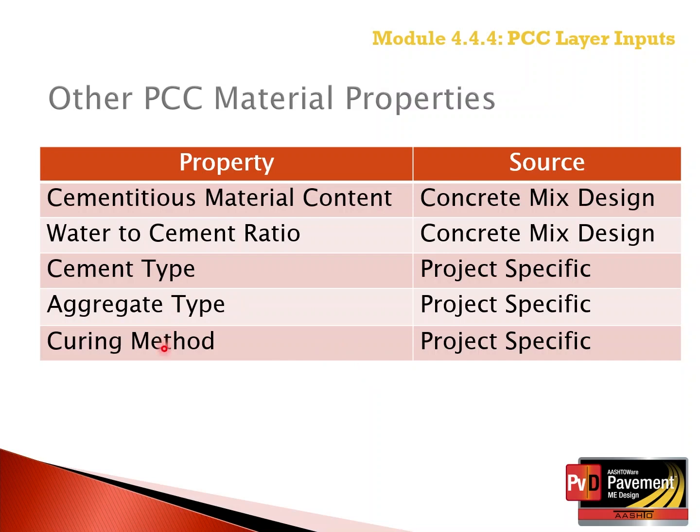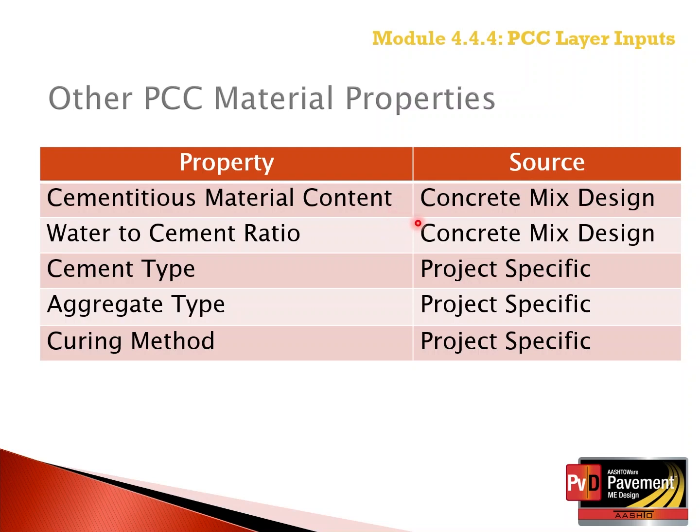Cement type, aggregate type, and curing method are typically project specific, but in many cases the designer will have a good indication of what types are going to be used on the design project. And the volumetric properties can typically come from the agency's historical construction database for concrete mixtures of a specific type or specification.